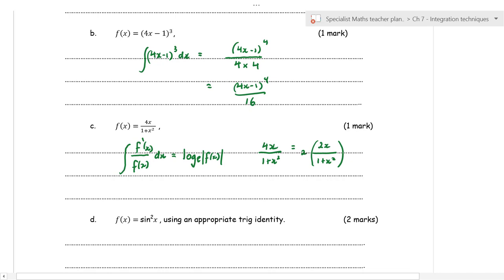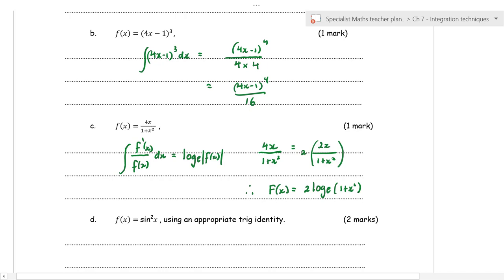As you can see there, that thing inside the brackets is going to be log to the base e of 1 plus x squared, and then you have the 2 out the front. So therefore, we can say that big F of x, which is the antiderivative, is equal to 2 log to the base e. Now, why can I go straight to this and write 1 plus x squared? Why can I do that?